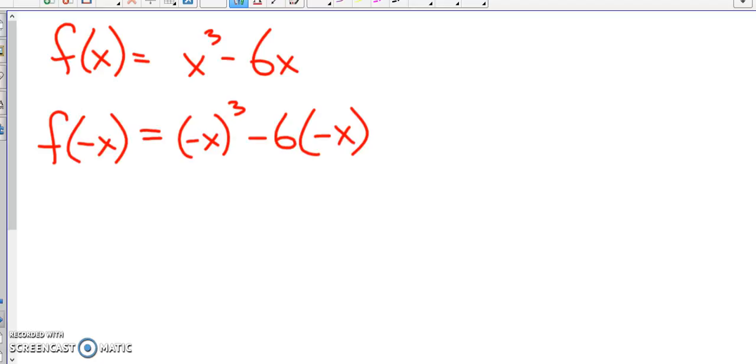What's negative x cubed? It'd be negative x cubed, because when you raise something to an odd power, it'll preserve the minus sign. What would the next piece be? How does that relate to the original?